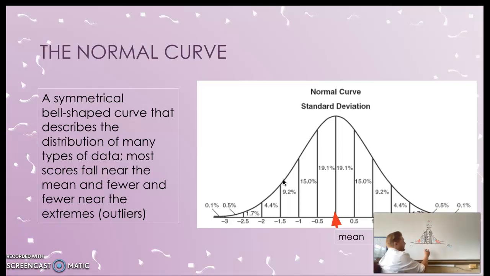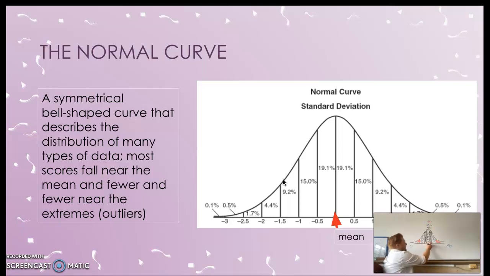So if the average score was an 80%, and it was normally distributed, and let's say the standard deviation, I don't know, I'm making up the numbers, is 5.